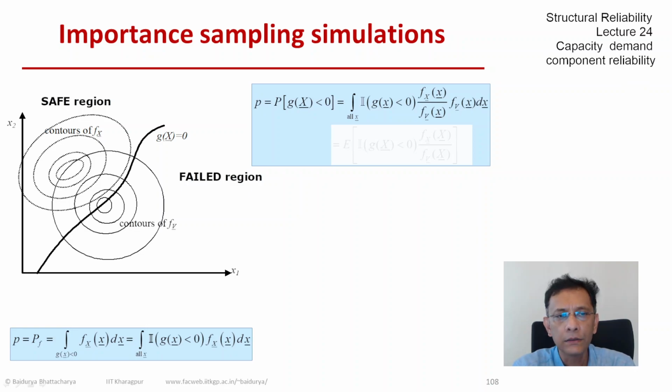So that's fine. It's something we can definitely do, but this gives us an idea, and that's where importance sampling comes in. This now could be interpreted as something entirely different.